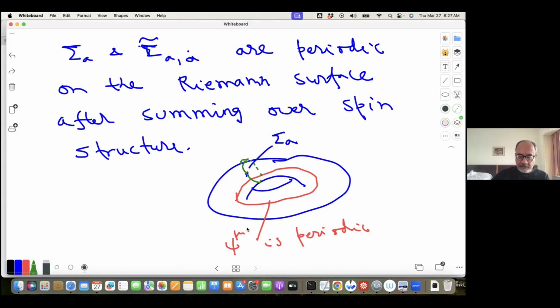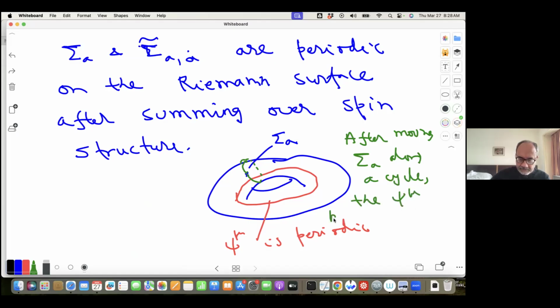the periodic boundary condition. So after moving sigma_A along, say, the A cycle, the psi mu boundary condition along the B cycle changes.